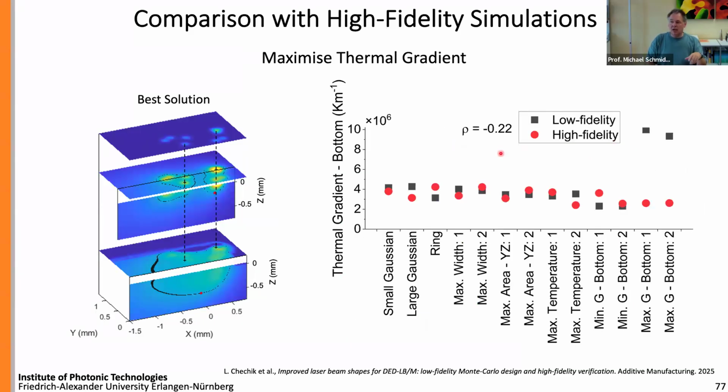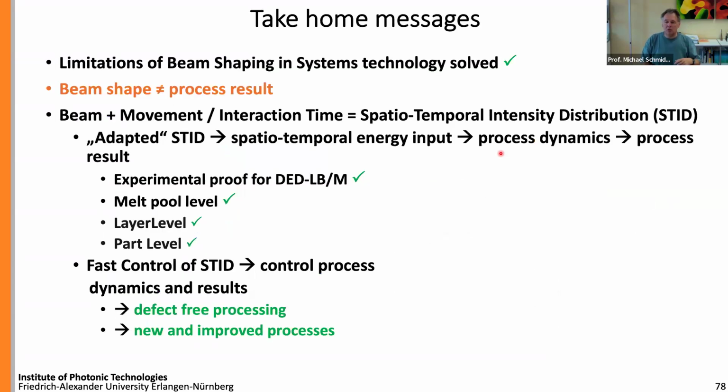And this one went even better for maximizing thermal gradient. This works as long as we do not have the ability to use our high fidelity simulations and let them optimize backwards. So the take home message from this webinar, in my opinion, is that limitations in beam shaping at the systems technology level are, for me as a user at least, more or less solved.